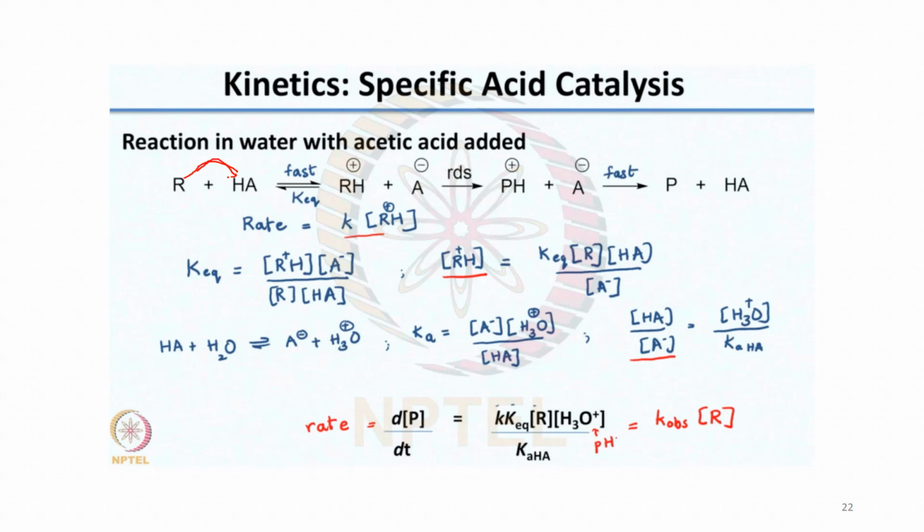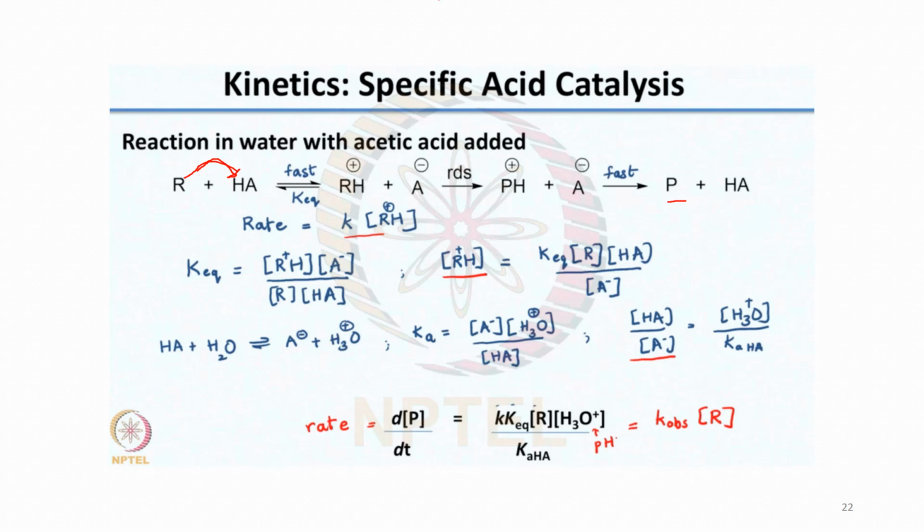Our substrate will take a proton from the acid, forming the conjugate acid, and this conjugate acid will turn into our product. Now if we draw the equilibrium of the reaction, what will we get?